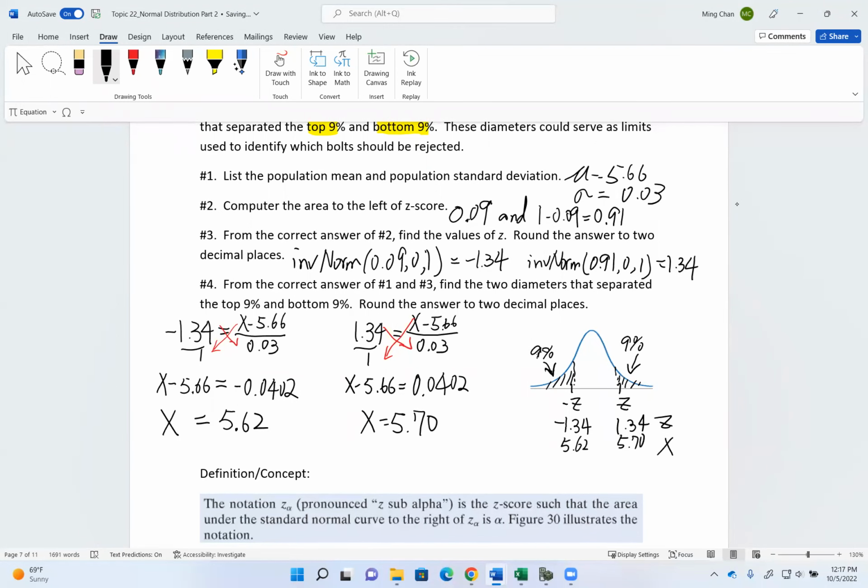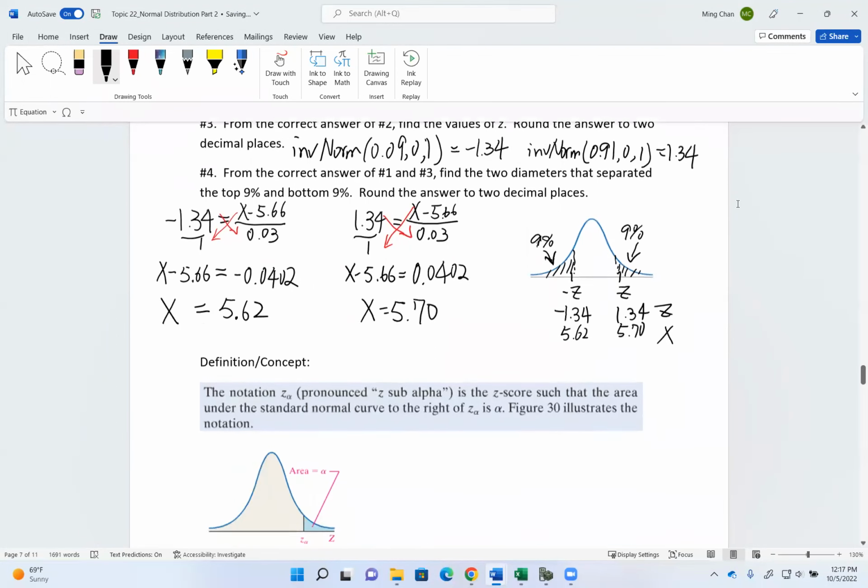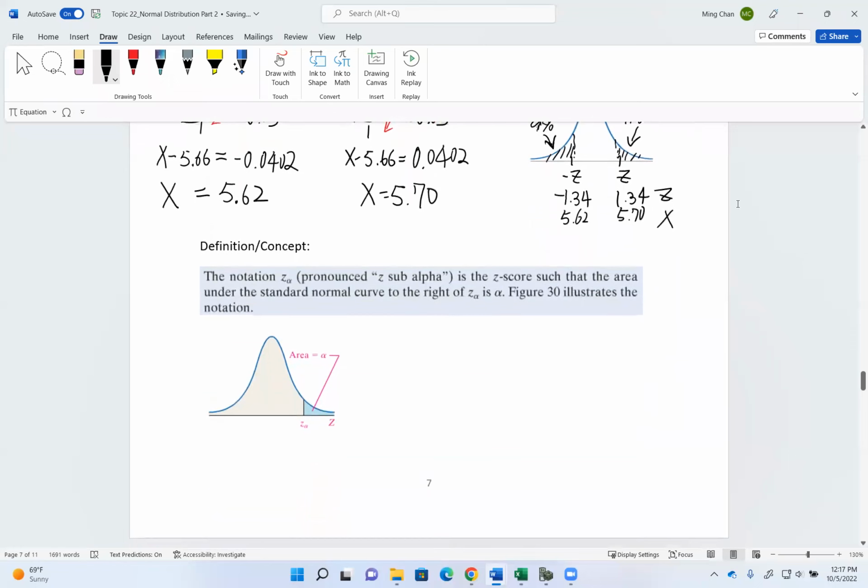Okay. All right. One more thing I want to talk about regarding the area is a notation that later on I will say a little bit more about, called z sub alpha. Z sub alpha is referring to the z-score such that the area under the standard normal curve is to the right. So alpha is the area to the right.